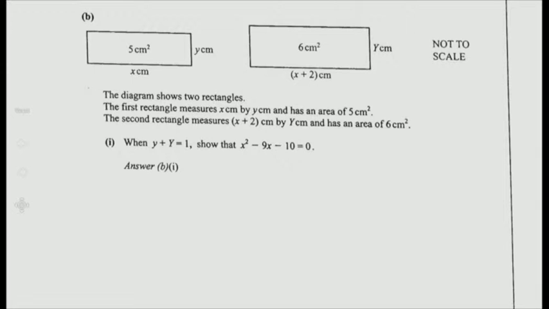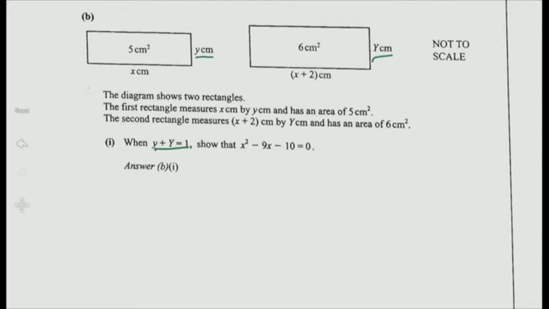So here, it's like the sum of the breadths or the widths there. So according to that statement, small letter y plus capital letter Y. So the sum of the breadths of the two rectangles, you should get 1 there.